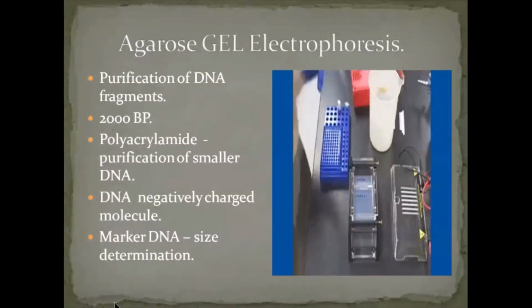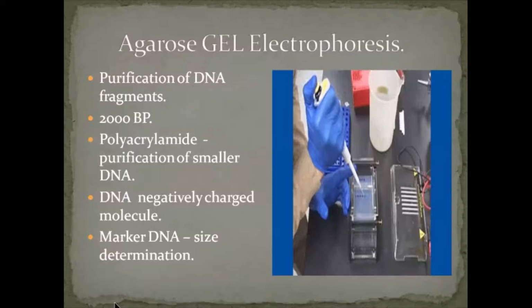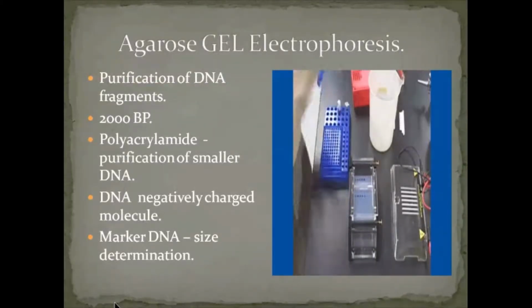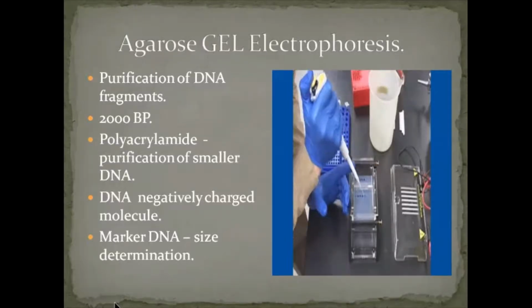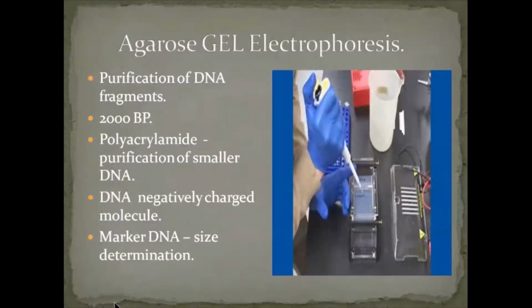For the determination of the size of DNA molecules. Electrophoresis can separate DNA of 2000 base pair parts, and that size is determined by the marker DNA. So along with the normal DNA, they add a marker DNA.